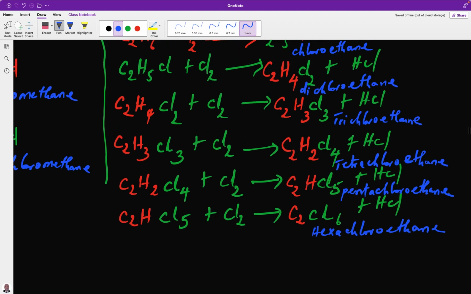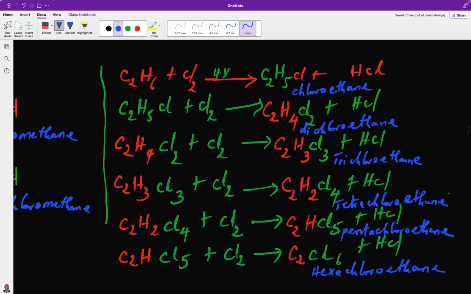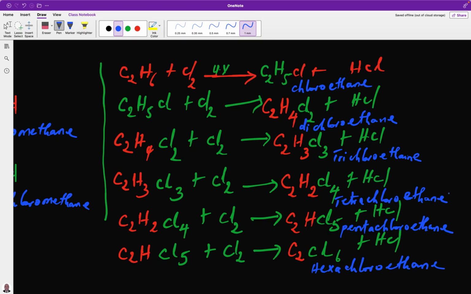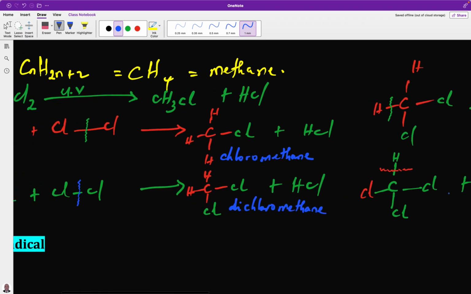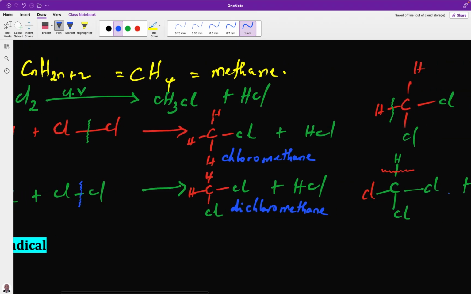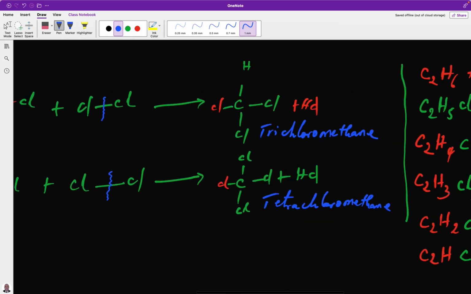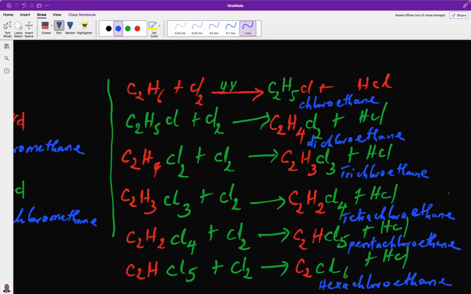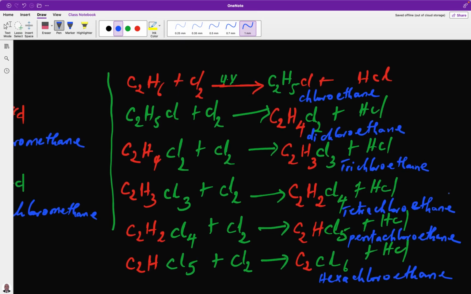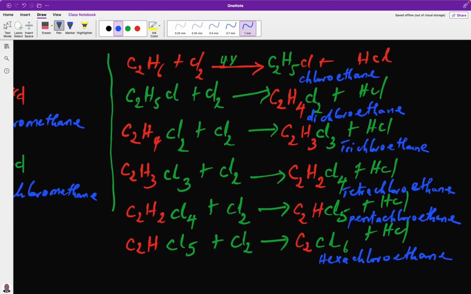So this is a continuous process in this halogenation of alkane. The first one was with methane. I showed you through the bonds so that you can better understand. And we went to the second member of the alkane group, which is ethane, and we have done the substitution chronologically.